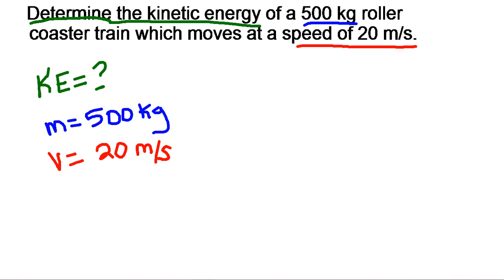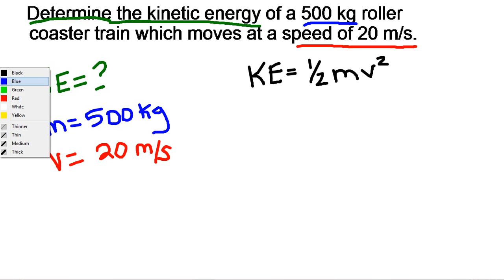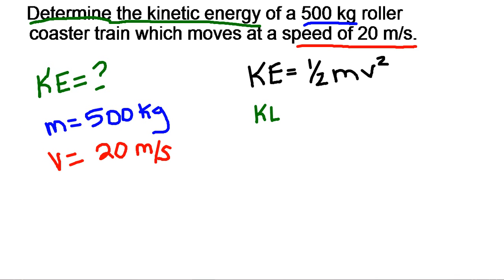Step number 3 says write the equation. I know that KE equals 1/2 mv squared. So now I'm going to start entering what I know. I'm trying to find KE, so that still remains the letters. But I know that my 1/2, to type it into the calculator, I'm going to put 0.5 into the calculator.